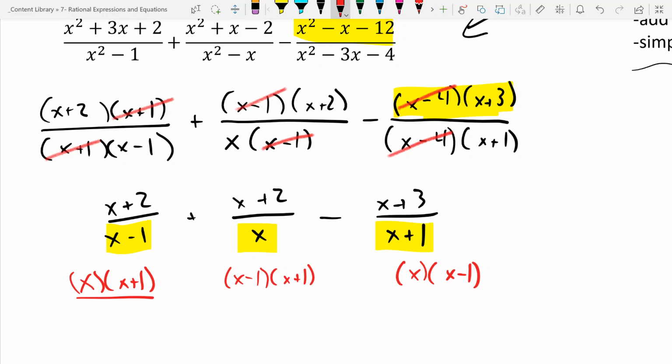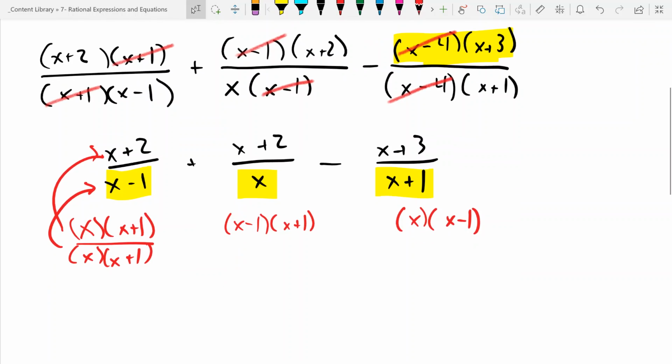The idea is I'm multiplying by that, so the numerator and the denominator get multiplied, but it's really just equal to 1. It's kind of weird to write that out, so I'm not going to draw it, but I'm going to write what the result is going to be.